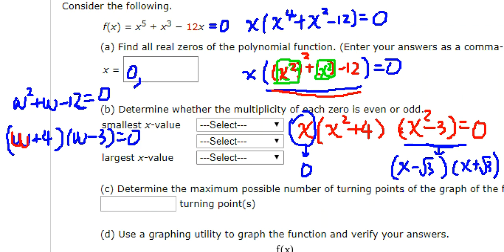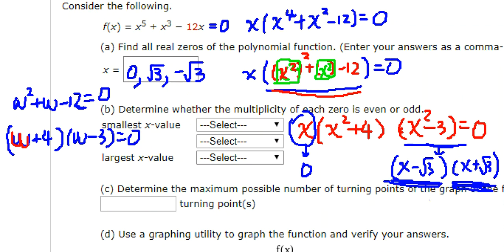The next 0 is coming from here, so I set this to 0. X is going to be square root of 3. The next one is coming from here. X plus square root of 3 equals 0. So when you solve for x, this is x equals negative square root of 3. Okay, so that's a total of 3 roots.